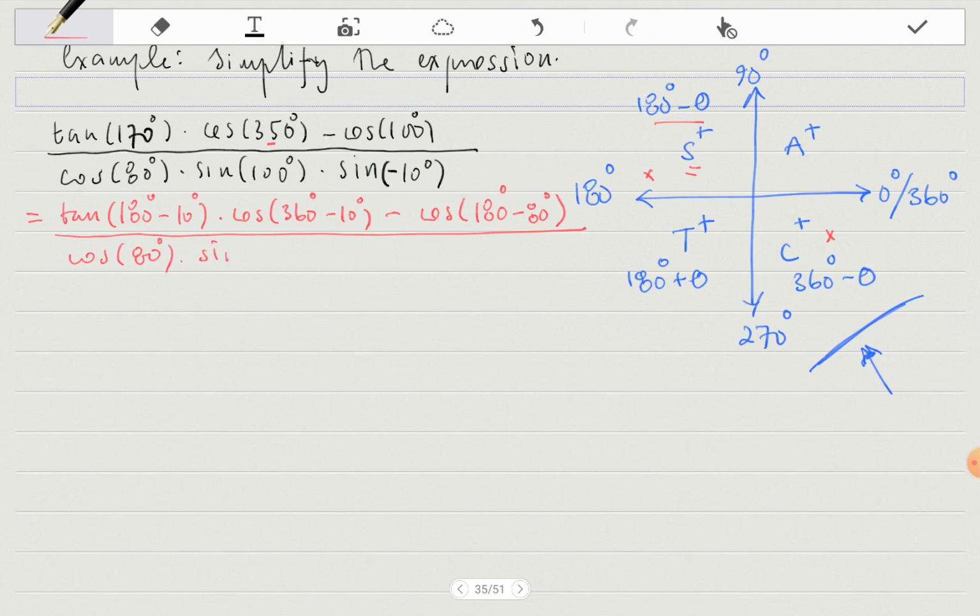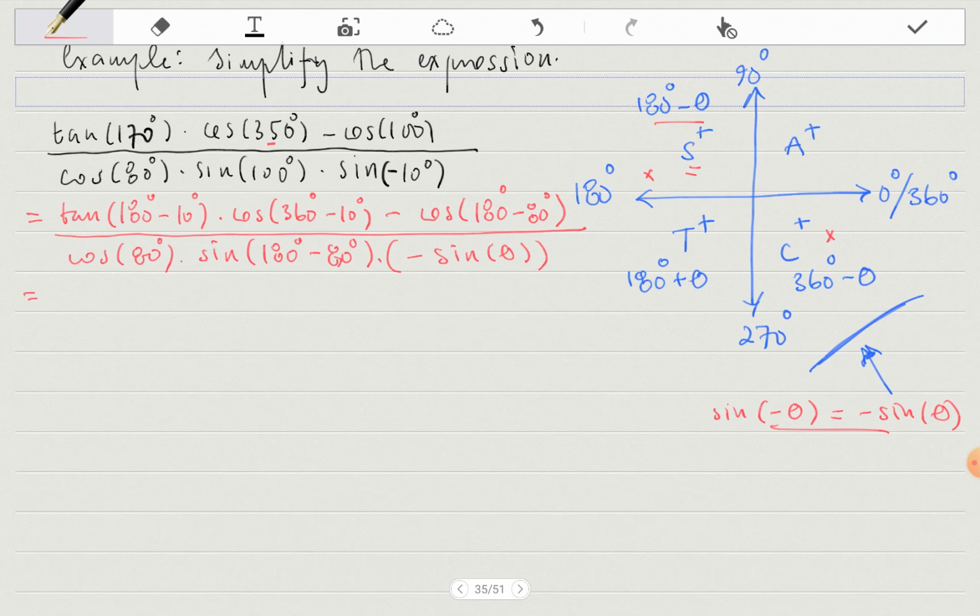And sine of 100 we can change to sine of 180 minus 80. Then we have sine of a negative angle. Just to recap, sine of a negative angle is negative sine of the positive of that angle, so that would be minus sine of theta.